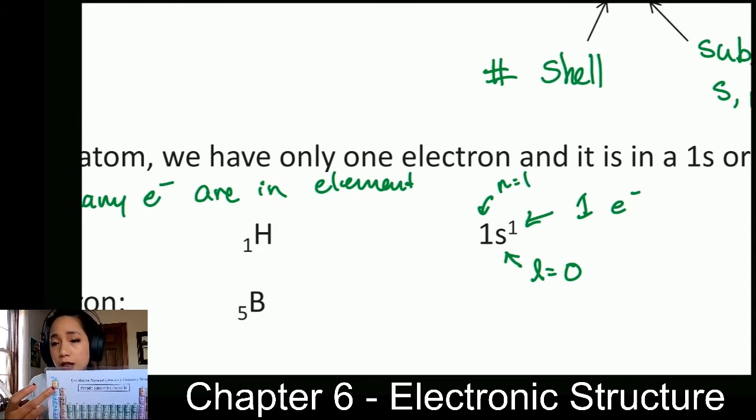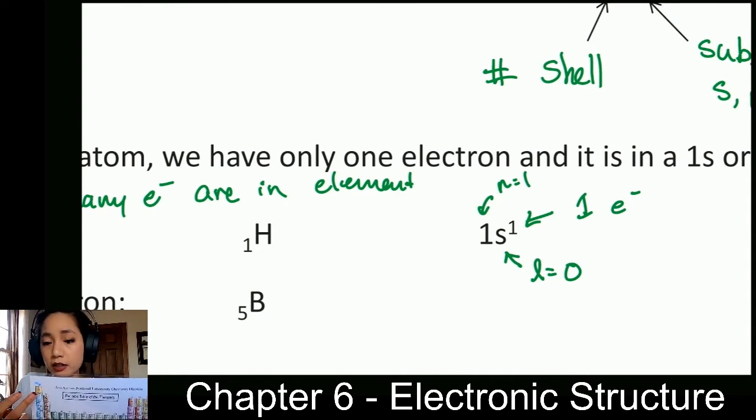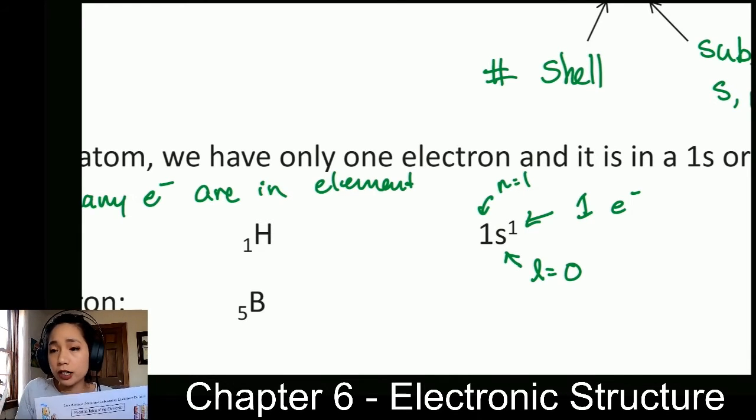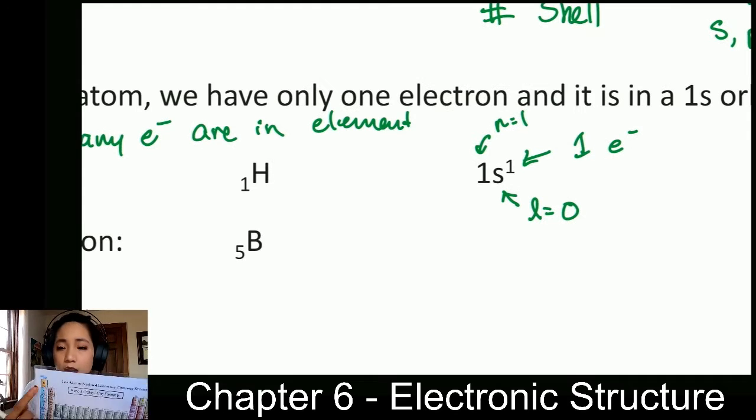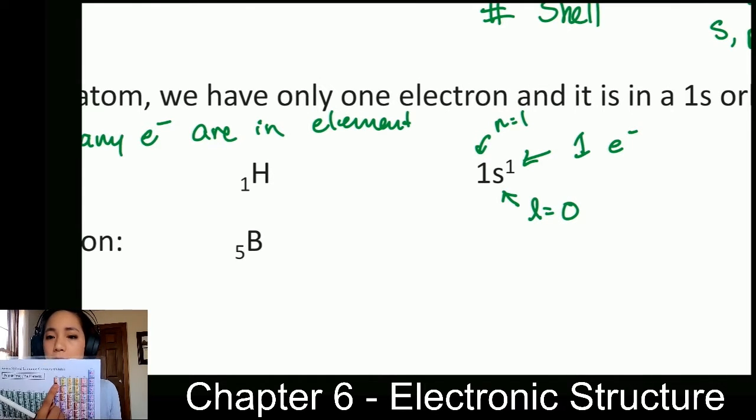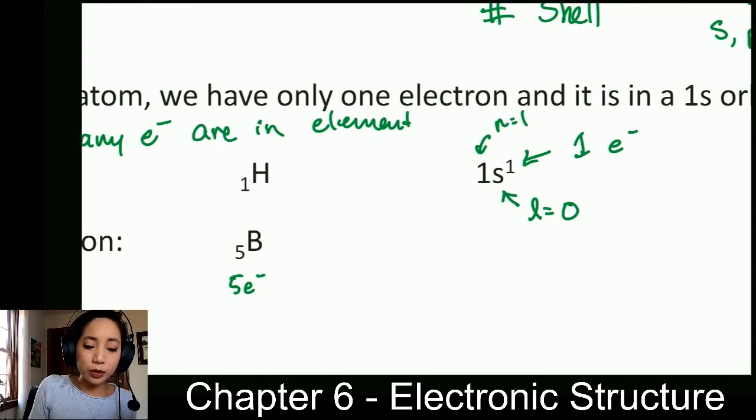Because it's a hydrogen atom, there's only one electron. So hydrogen is the simplest example because we only have to place one electron. But if we look at boron, boron is here on the periodic table. So we have to locate and place all of the electrons, 1, 2, 3, 4, 5 electrons in order to get to boron. Boron has 5 electrons that we have to place.